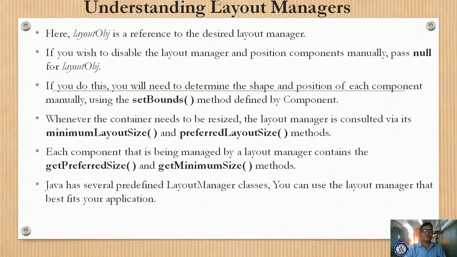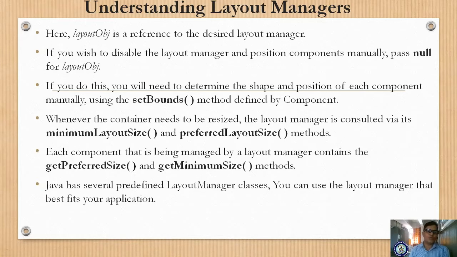Now here it is said the same thing. Layout object is a reference to the desired layout manager, and if you wish to disable the layout manager and position components manually, pass null for layout object. If you don't want to refer to a layout object reference, you can simply pass null.